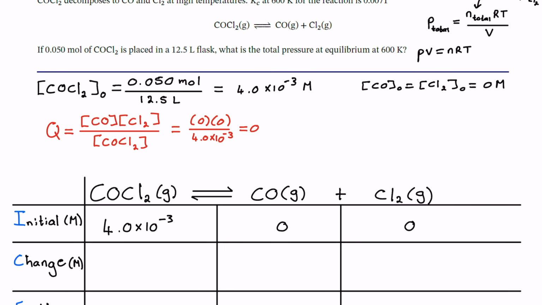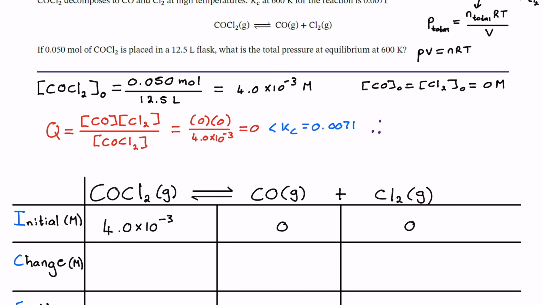which is of course 0. So that is indeed less than Kc, which is equal to 0.0071, and therefore we are not at equilibrium, right? Because Q is not equal to Kc. Q is in fact less than Kc, so this situation is not serendipitously at equilibrium.